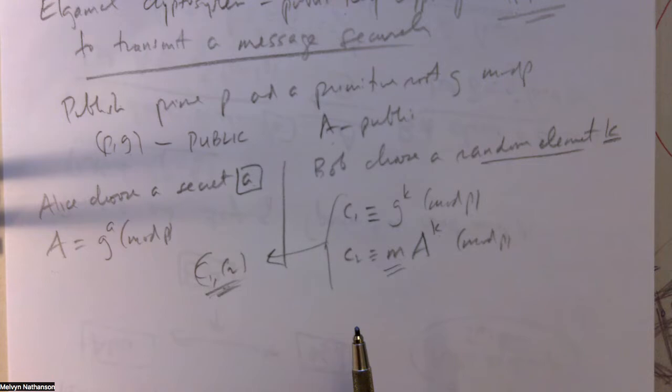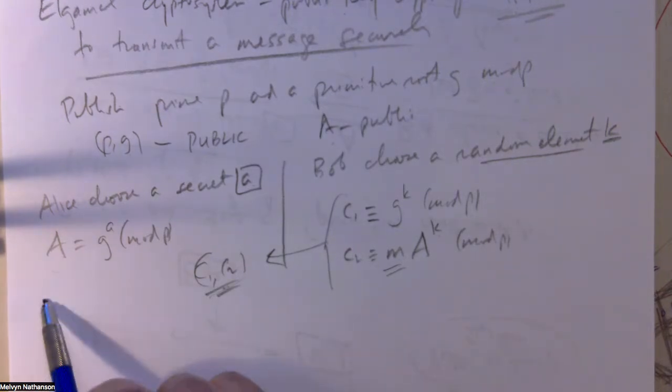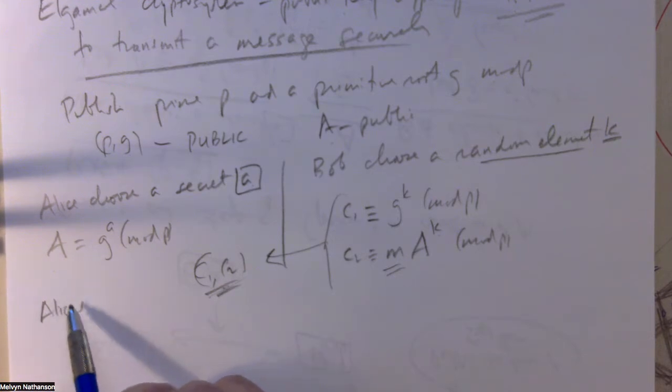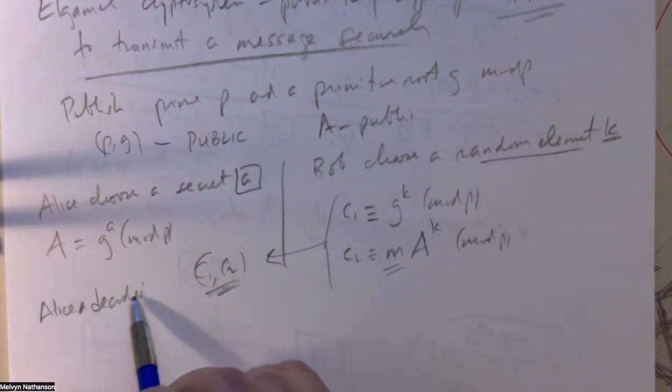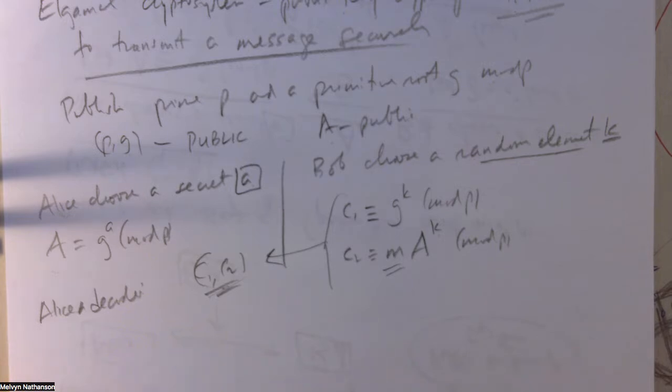So what does Alice do? Alice decodes as follows. Bob sends the two numbers, C1 and C2.